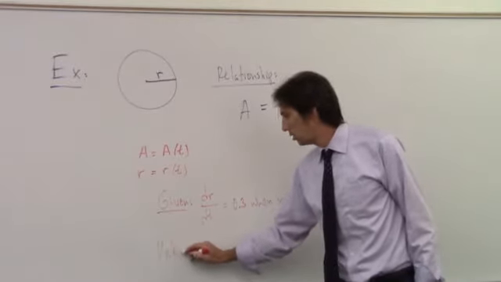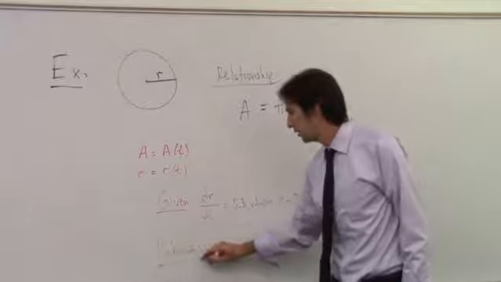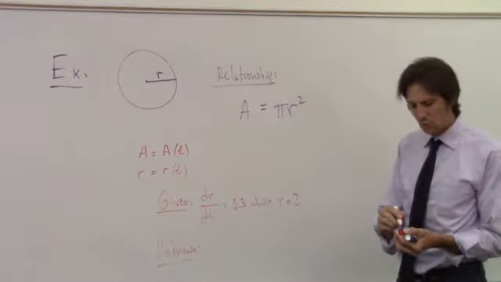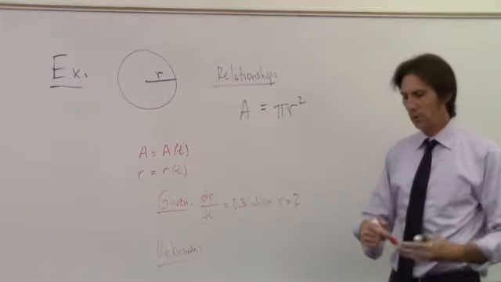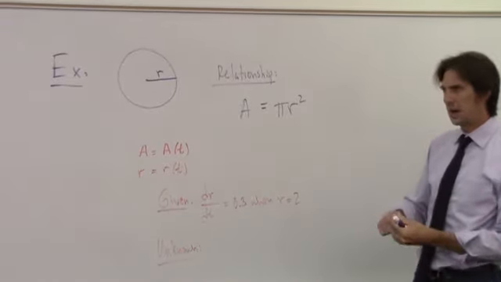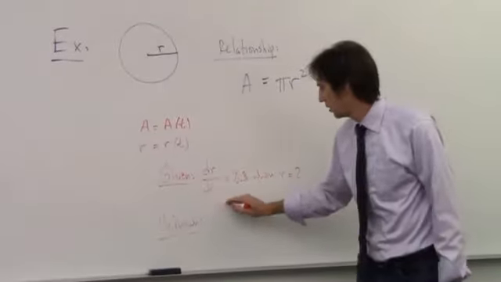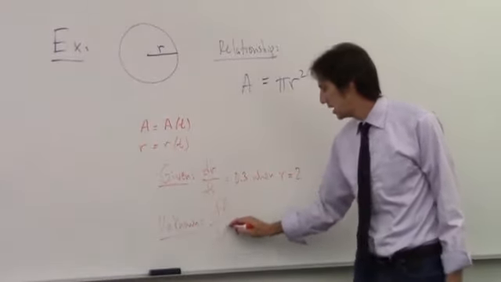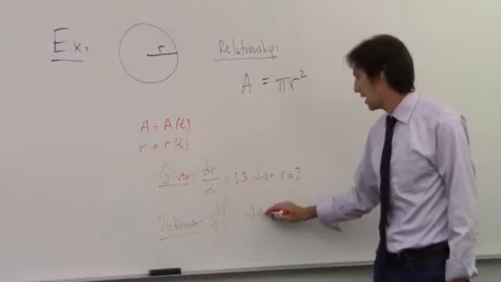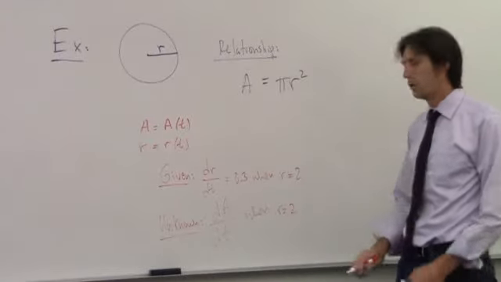The unknown, what the company cares about in this problem, is how quickly the area of the spill is changing. Like how quickly is this oil slick growing in area? And so in particular, since it's a rate that we're looking for, we want to know a derivative, dA/dt, at the moment when r is 2.